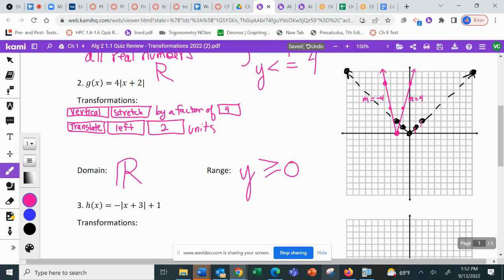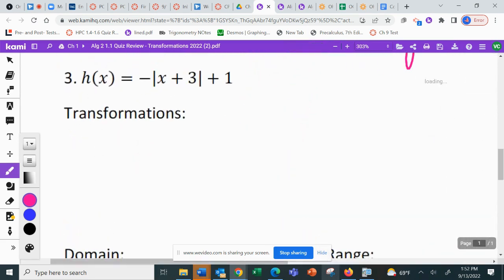All right, next one. We have multiple transformations. I'm going to start writing the boxes for the transformations. As I'm writing the boxes, I would like you to be filling them in. If you've already worked ahead and already wrote them down, make sure you have the right amount of words.